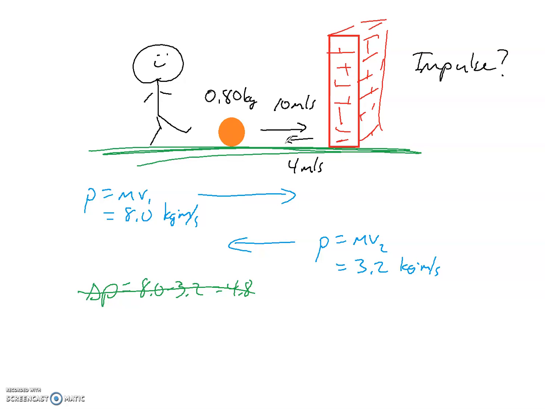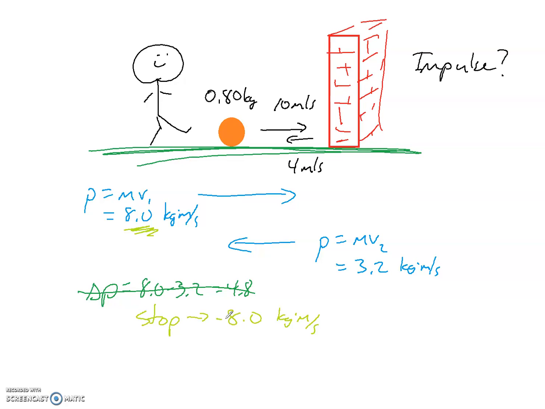Okay, if we actually slow this down a little bit, let's just have the ball hit the wall. Now, when the ball went in, it had 8 for momentum just to go to the wall. In order for the wall just to stop the ball, you need 8 kilogram meters per second of momentum, and we'll say technically -8. So you need -8 just to stop the ball.